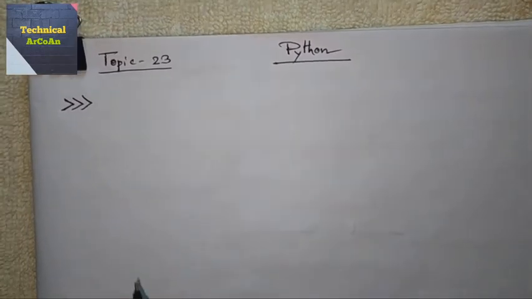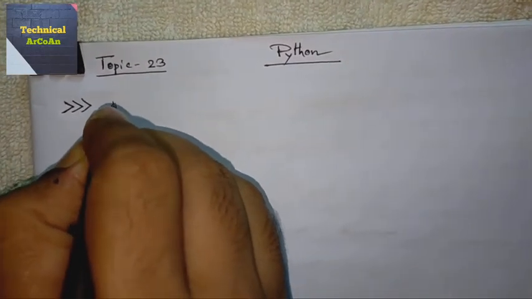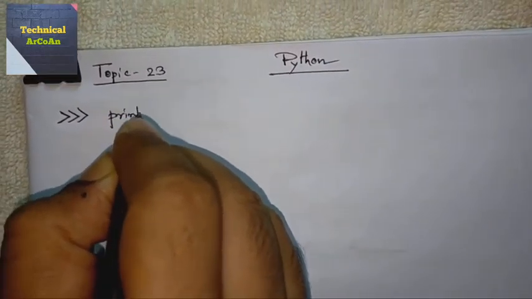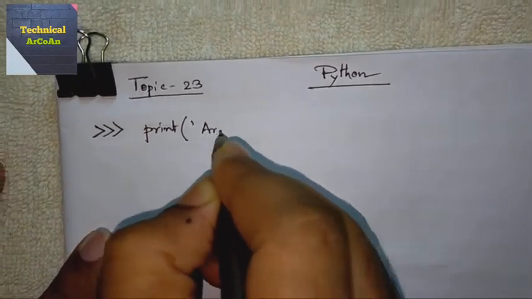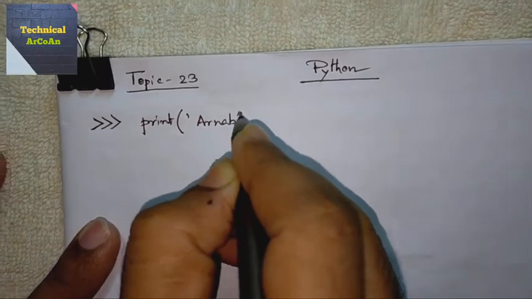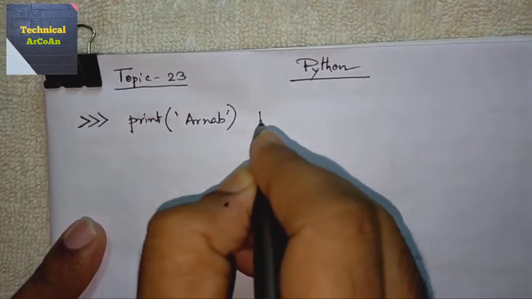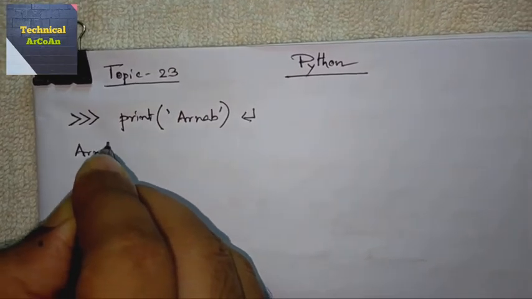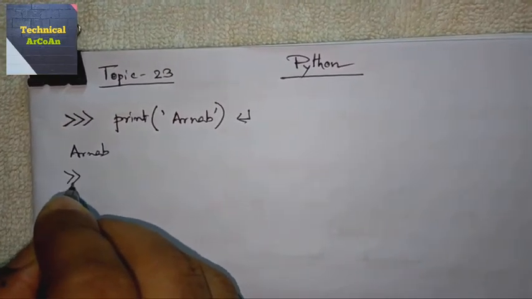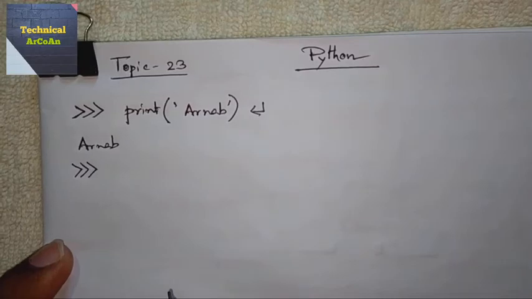So first we write our print function. We just write print, and suppose we write some string, suppose we write here Arnab, and we should write the string within a single quote. If we press enter, it will print Arnab, and this prompt will come here again.